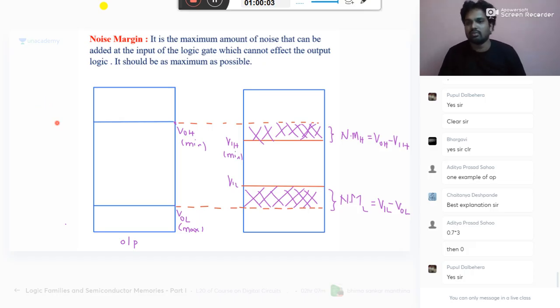Okay, so everybody clear here. One important relation from the exam point of view is, where can I write? Okay, I'll write here.